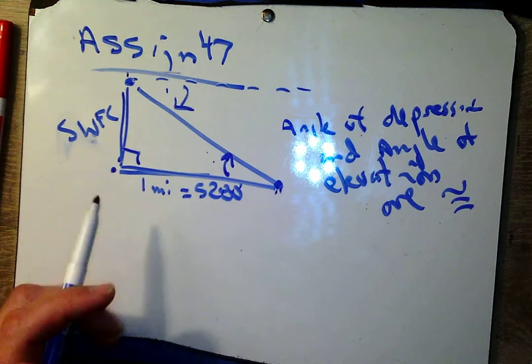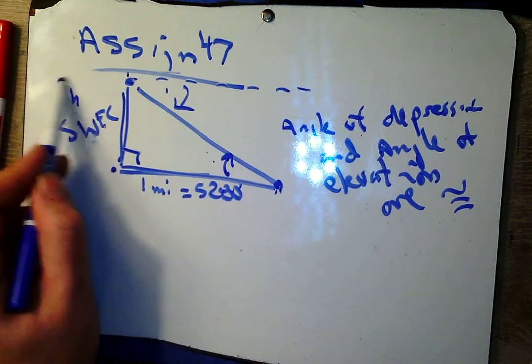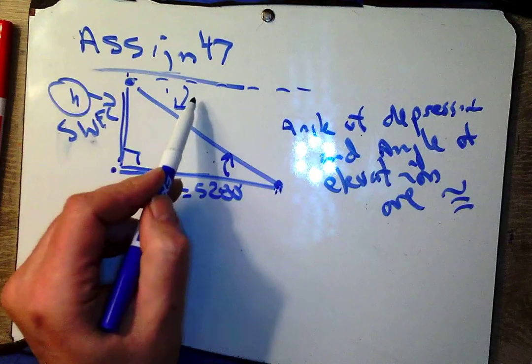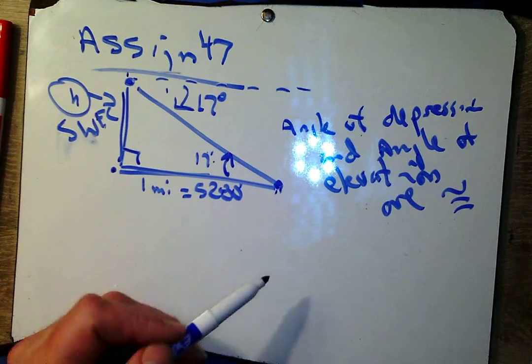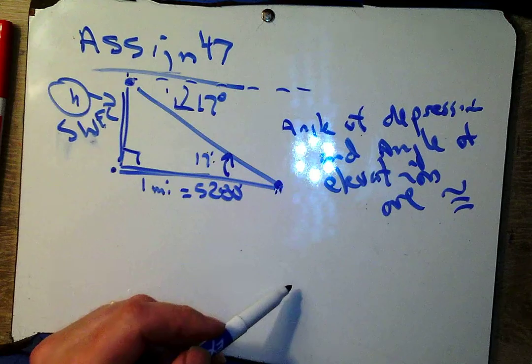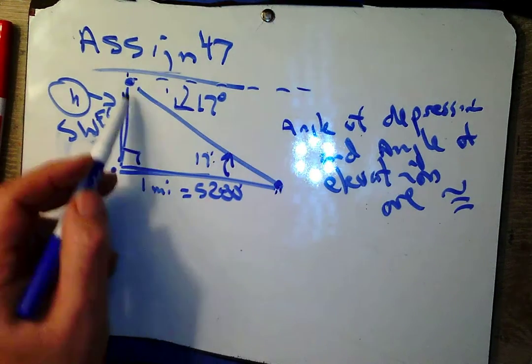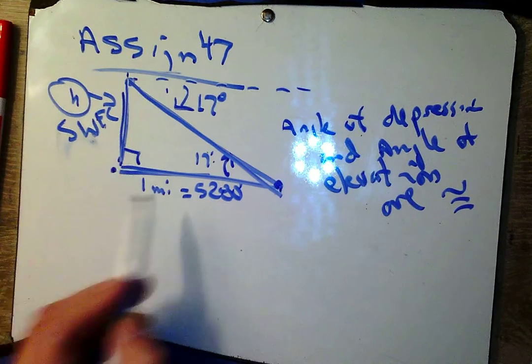Okay, but what we want to know is how tall? We want to know the height of this building. Well, if this is 17 degrees, we know that this is 17 degrees. What trig function do you think we should use here? Do I know the hypotenuse? No. I'm looking for the height of the building.